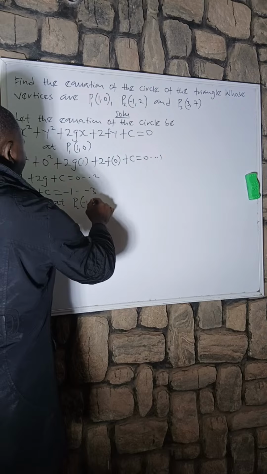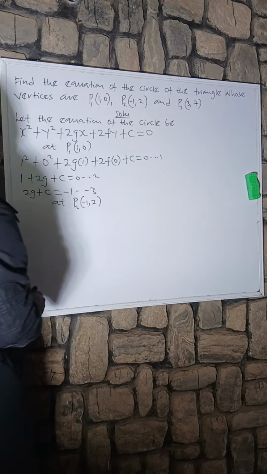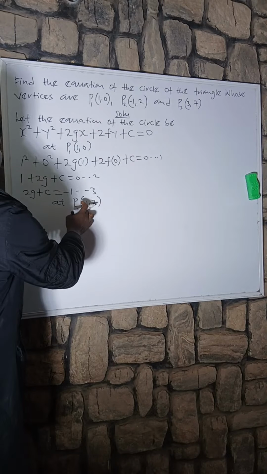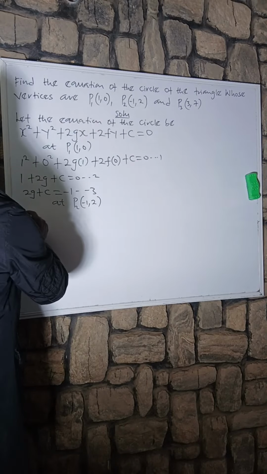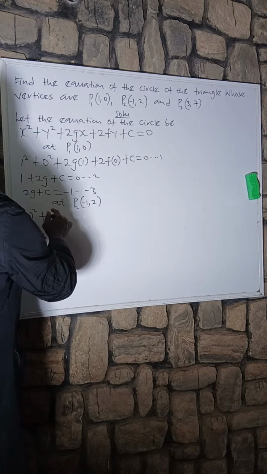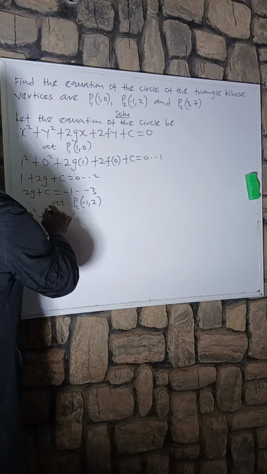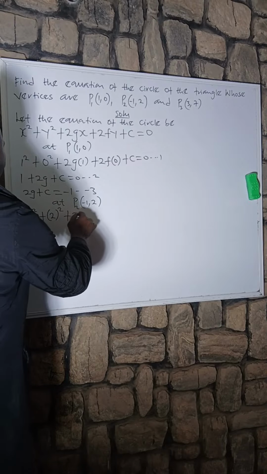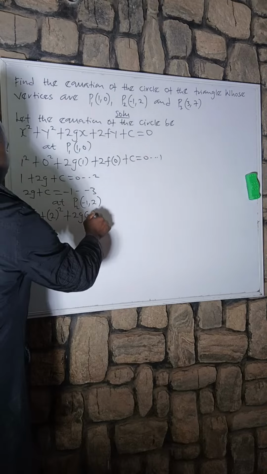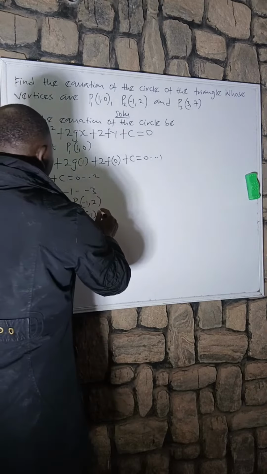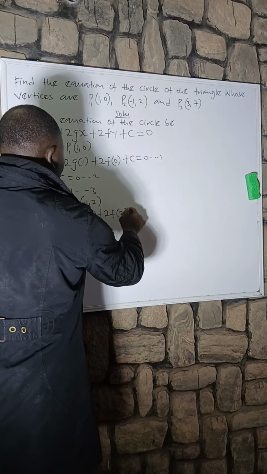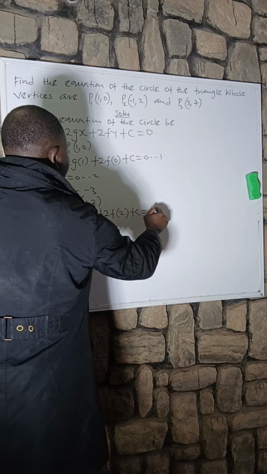(-1, 2), right? So let's look at it together. These are x, these are y. So here will be minus 1 all squared plus y, this is 2 all squared, plus 2g times minus 1, plus 2f of 2 plus c equals to 0.